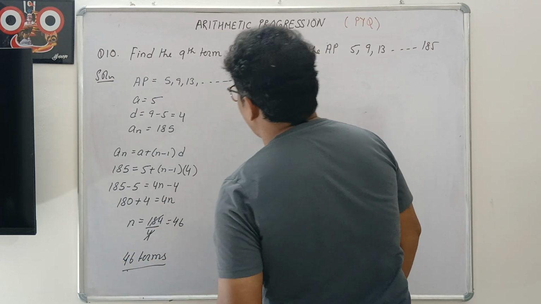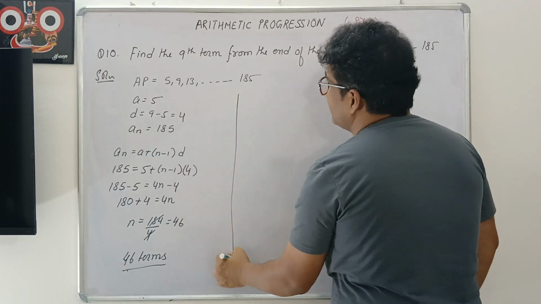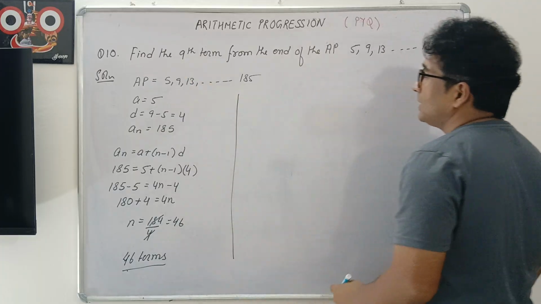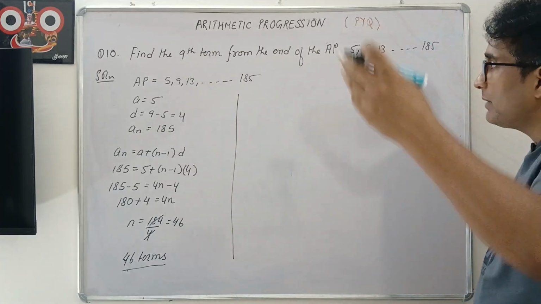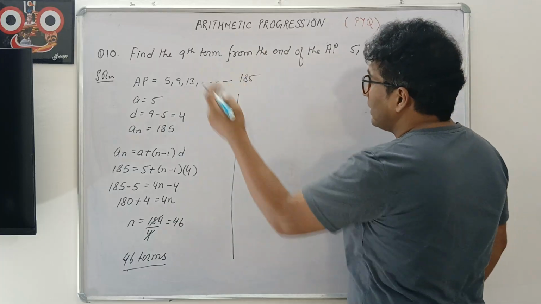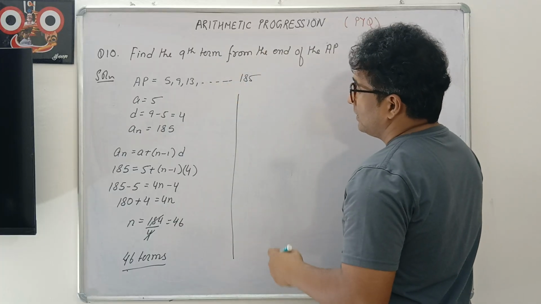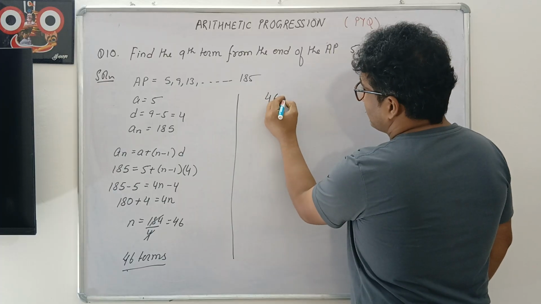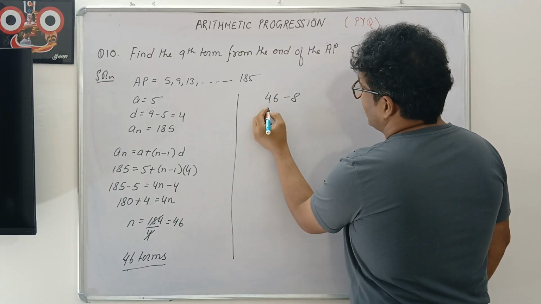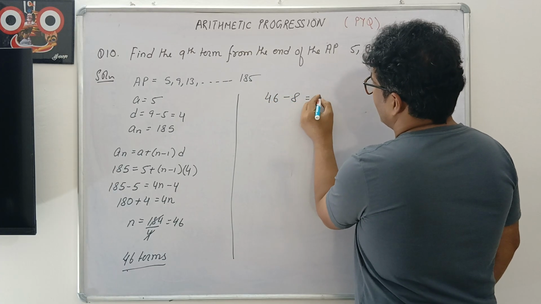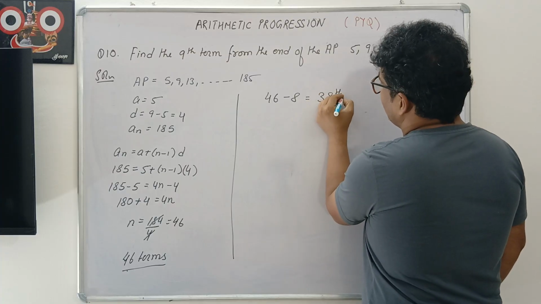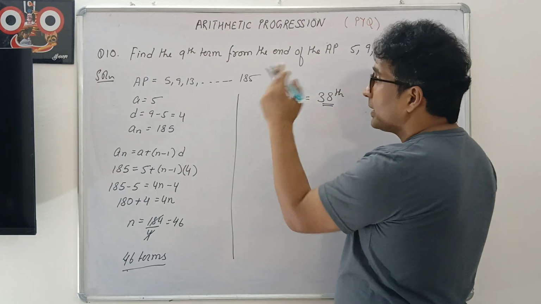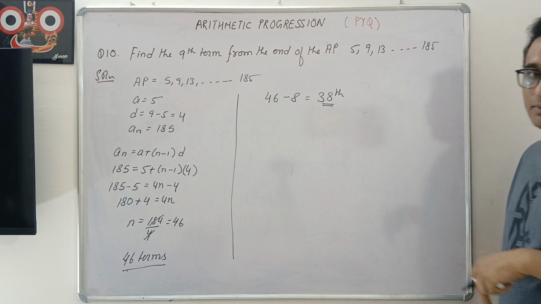Correct? And you have to find out the 9th term from the last. That means you have to go back 8 places to get the 9th term from the end. So 46 minus 8, how much is it? 38. So it is the 38th term from the beginning, correct?